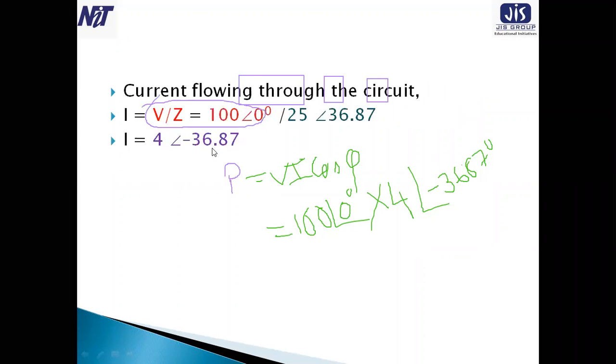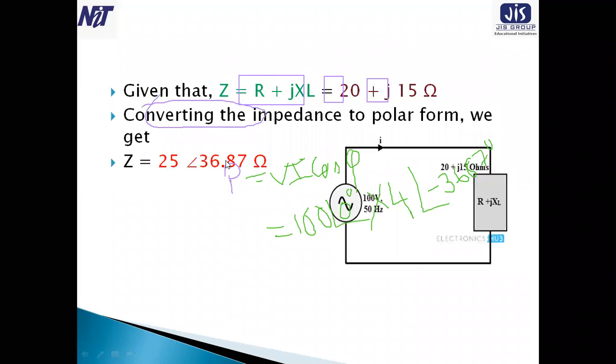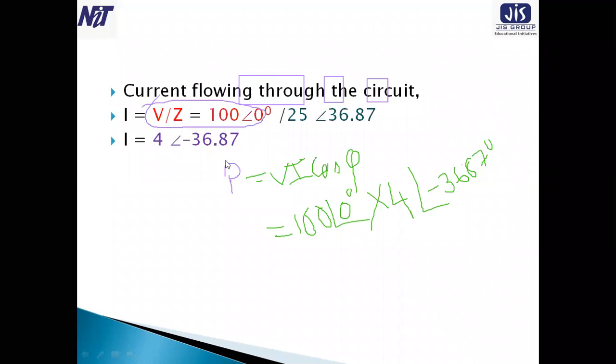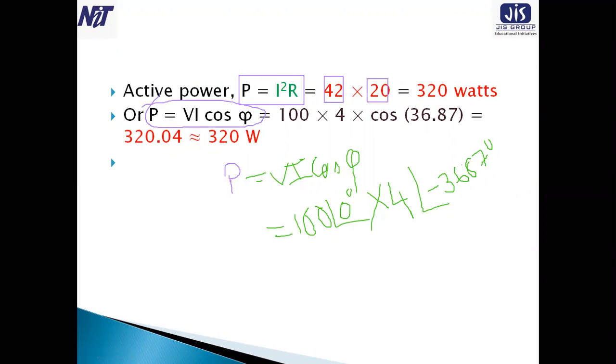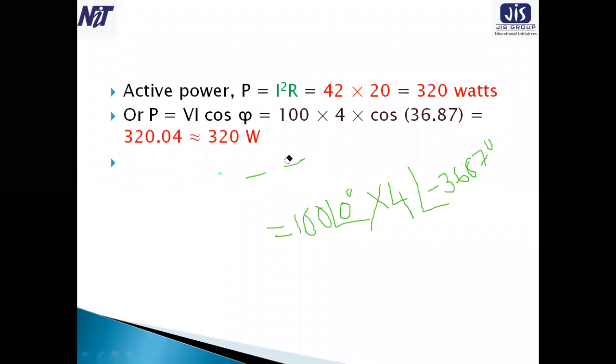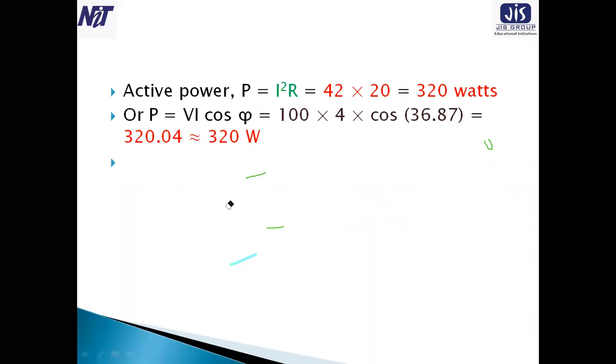The angle between the voltage and current is 36.87, because the voltage angle is 0. So if you put all these values and calculate, the value will be 320 watts. This way we can find the value of the real power from the given circuit.